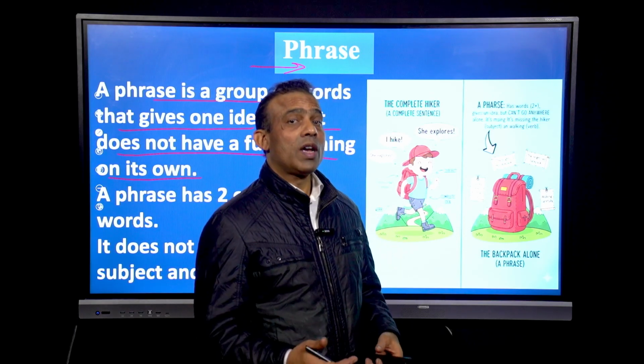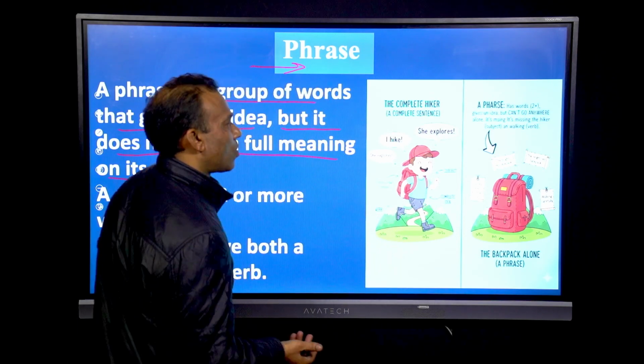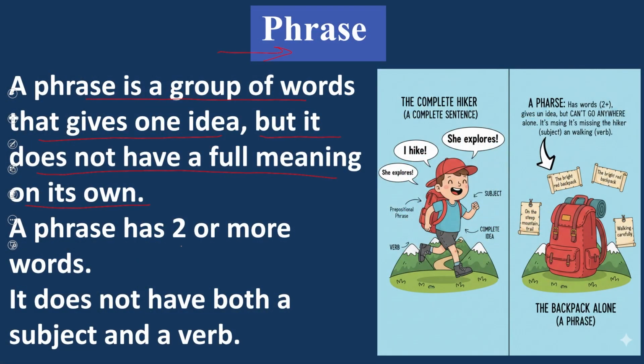Now, let's have some more information about this. A phrase has two or more words. A phrase must have at least two words, and more than two words as well. It does not have both a subject and a verb.